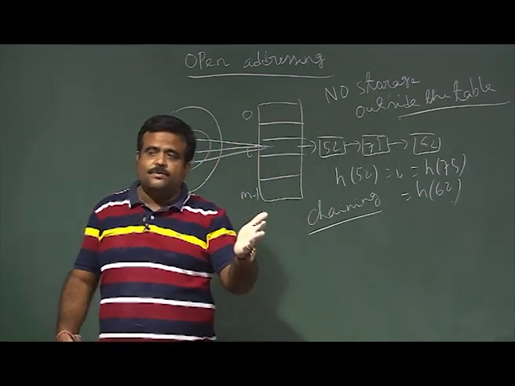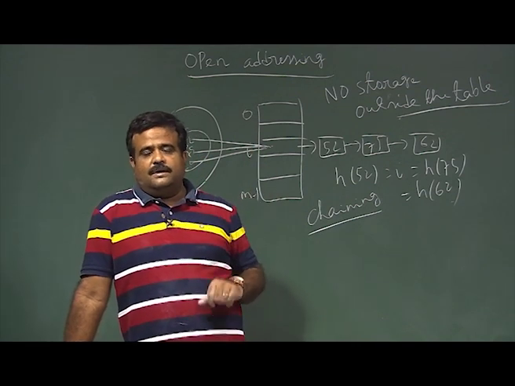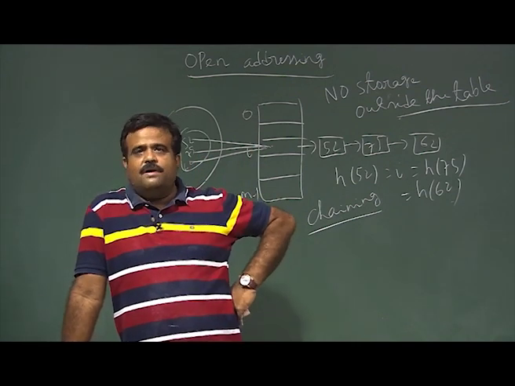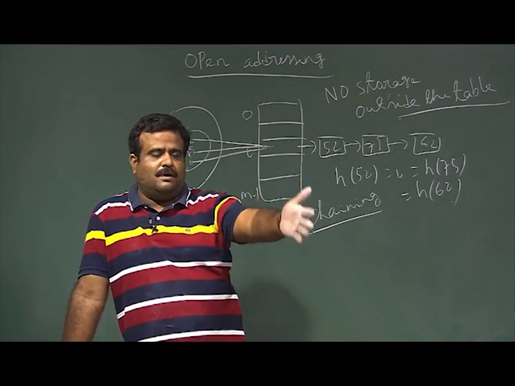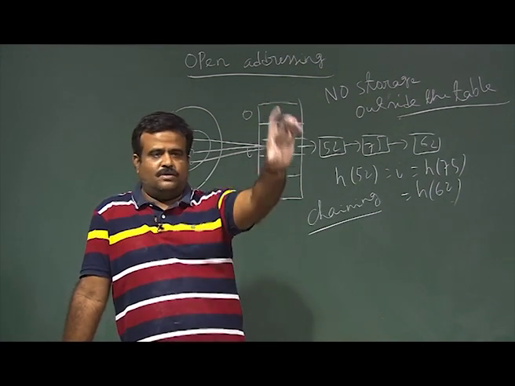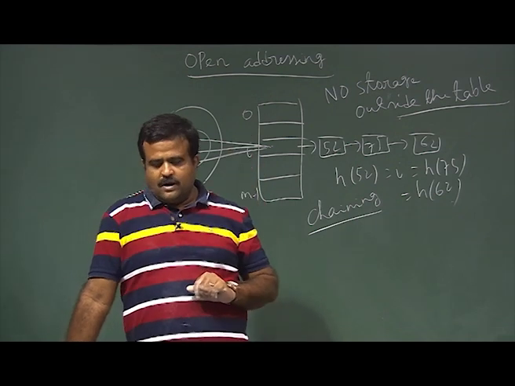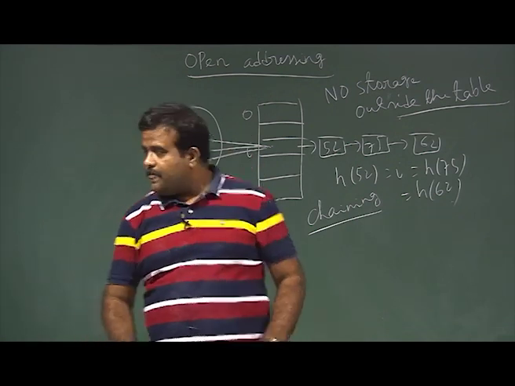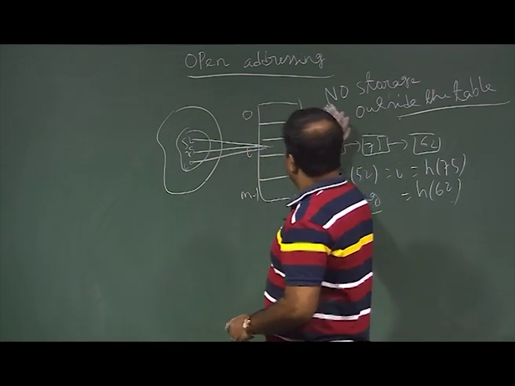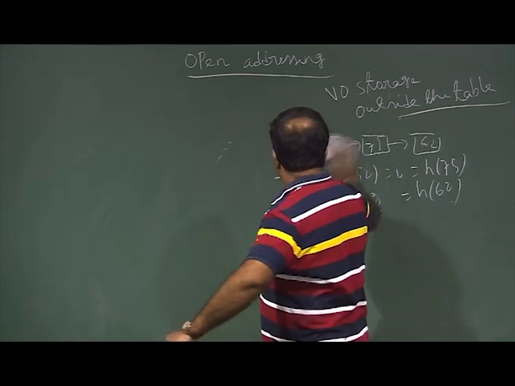So, everything we have to do in the table. We have a table or array of size m, 0 to m minus 1, and everything we have to do there. Okay. So, that problem we have to address by open addressing.